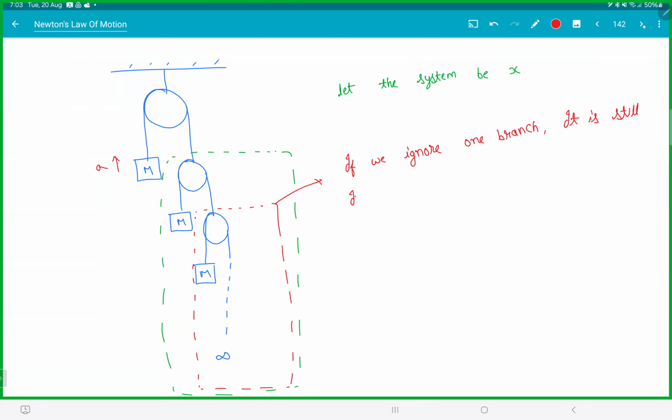It is still infinite pulleys. That means this is also X.